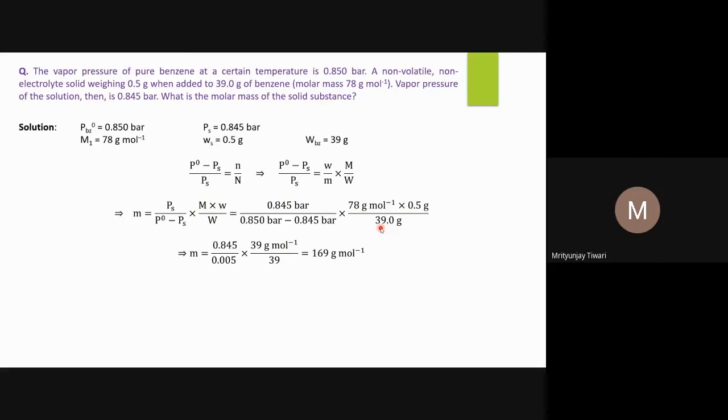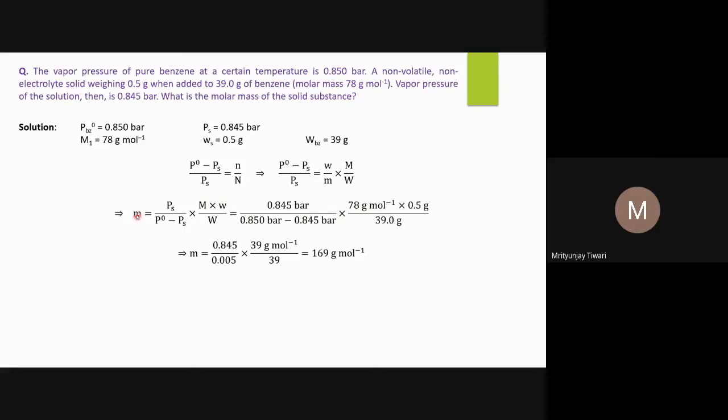And that value I put and calculate. This will be 0.845 divided by 0.005. This is 0.005, you can see how small this difference is. And this is 39. This is equal to 169 gram per mole.